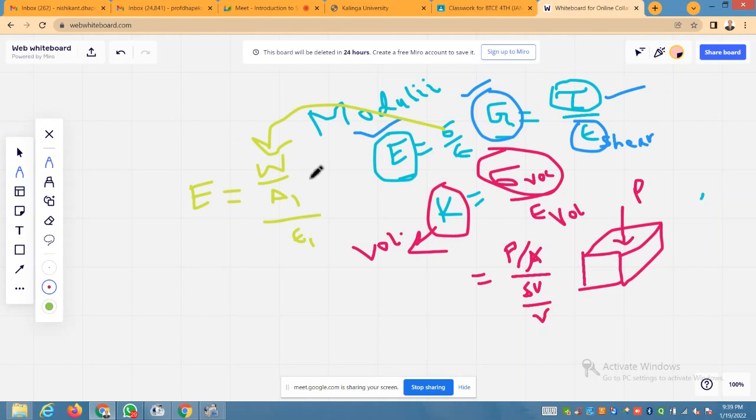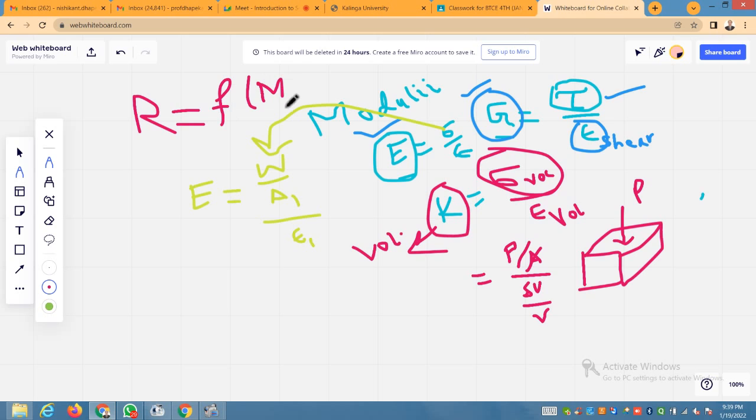Now, we want to establish the relation between E, G and K. If I want to establish a relation, suppose I say that your result is a function of marks, meaning whatever marks you obtain, according to that the result will be reflected.